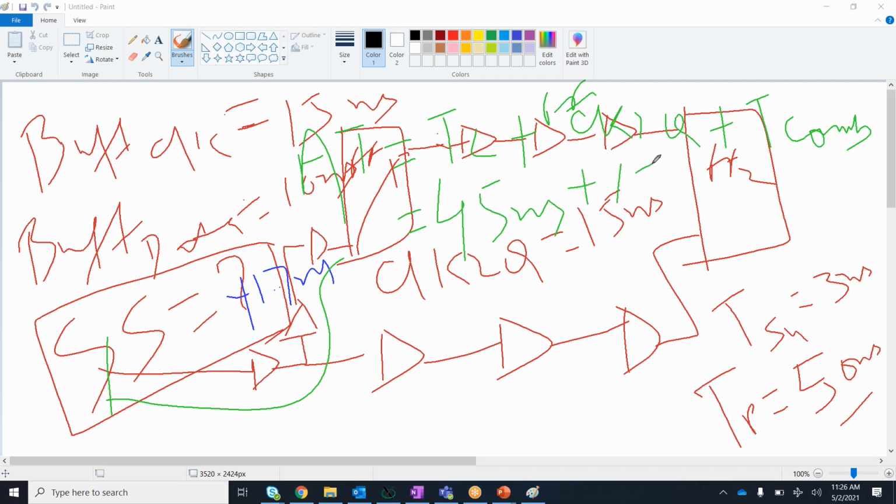Clock to Q delay is 15 nanoseconds. In the combinational path, we have 3 buffers, each giving a delay of 10 nanoseconds, so that is 30 nanoseconds. If I add, this is 60 and 30, 90 nanoseconds. So 90 nanoseconds is my arrival time.